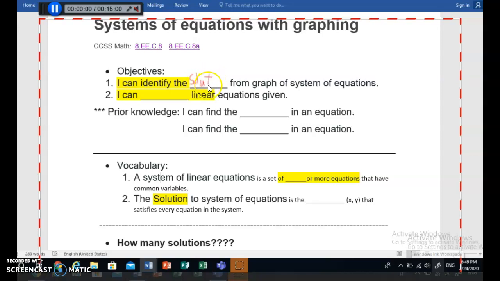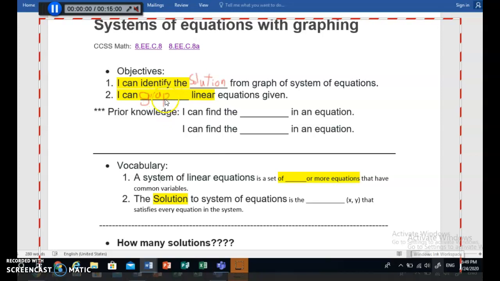Sorry, I don't have the pen, so I use my finger. From the graph of a system of equations, I can identify the solution. The second objective is expecting you to be able to graph linear equations.